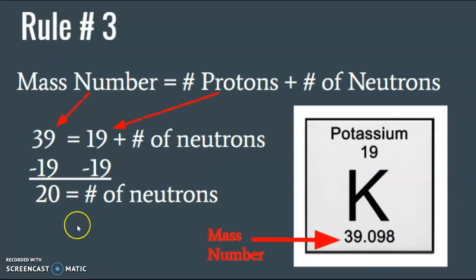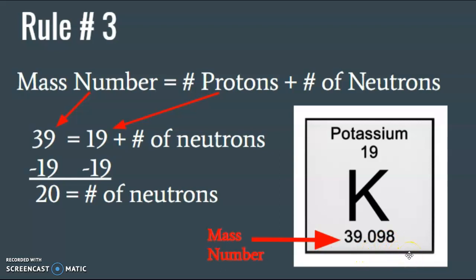Right? Our third rule, and our last rule: our mass number is equal to the number of protons plus the number of neutrons. So this one's a little bit trickier. First we have to find the mass number. If we look on the bottom, we have this number down here. This is our mass number. You can see it has an extra decimal point here, 39.098.